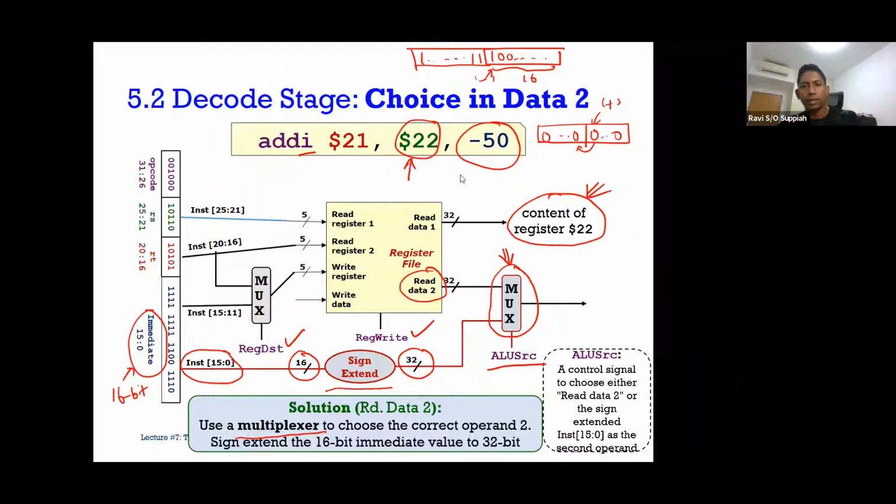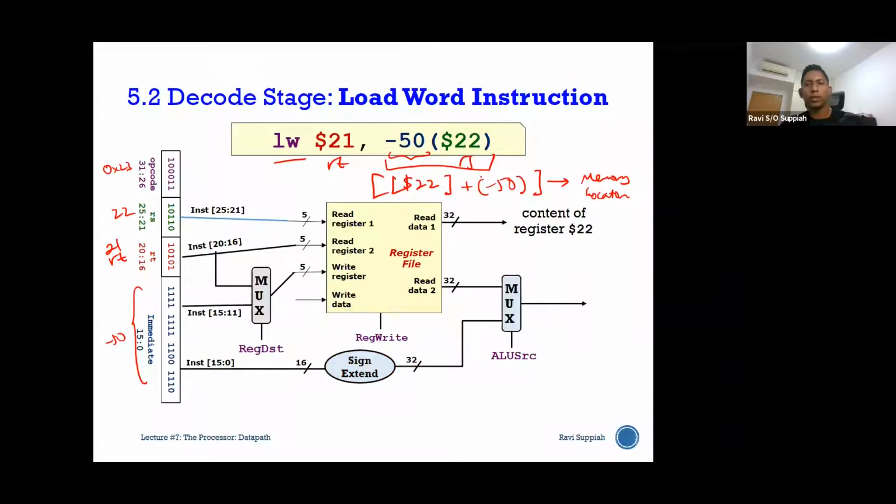But in this instruction, we are still doing the same thing, but now we take this result to point to a memory. So 22 means the content of register 22 will come out, and this 16-bit immediate value will get extended to 32-bit, and that will be channeled out.